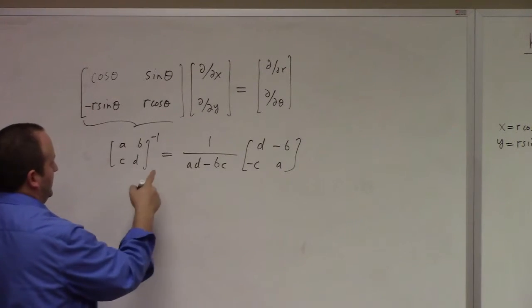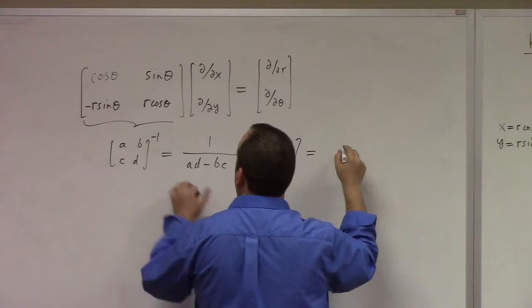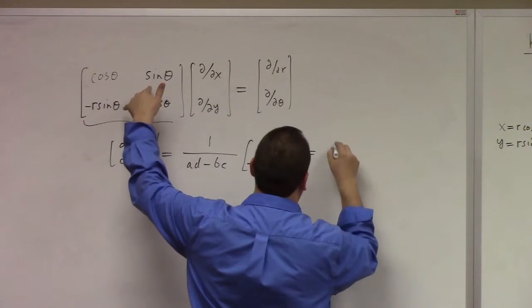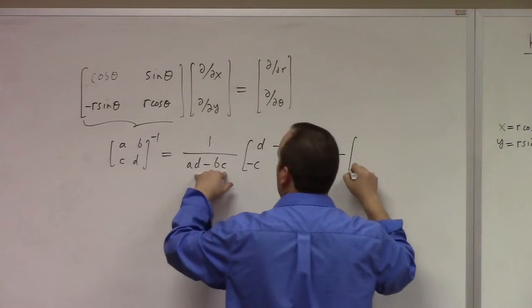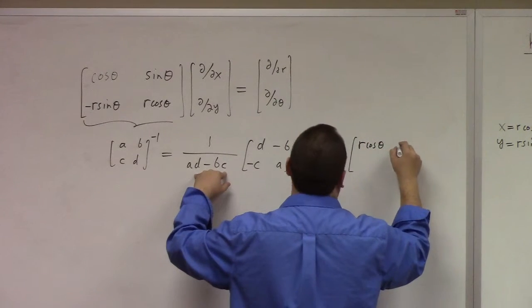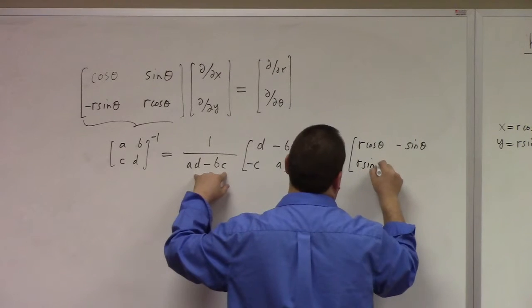So the inverse to that matrix is what? I get r cosine squared plus r sine squared, so I get 1 over r factored out front. And then I flip the diagonals, r cosine theta. I put minuses on the off diagonal, minus sine theta, and then r sine theta.